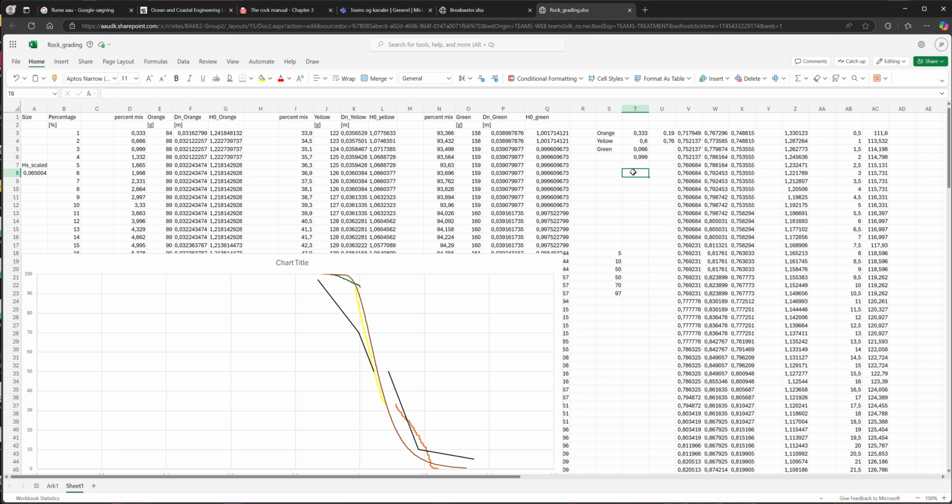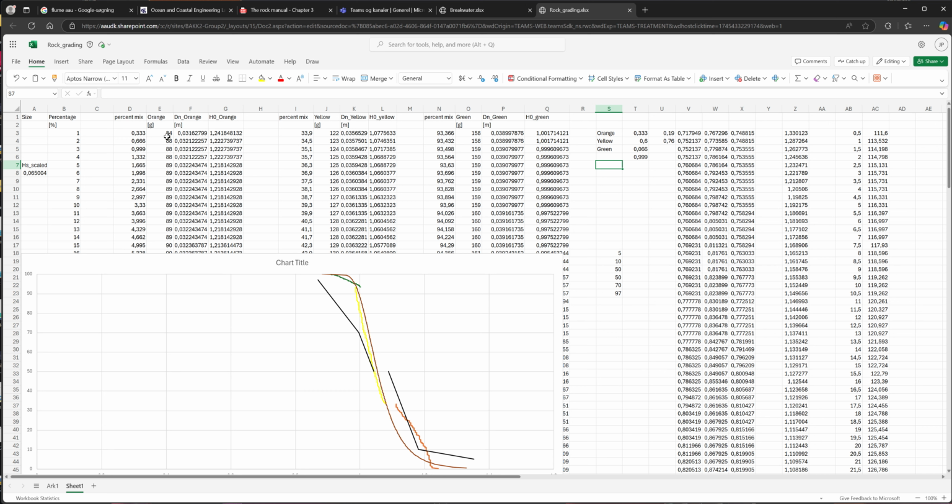That means if you needed 1 ton of your armor stone, or 100 kilos for the flume, which is more realistic, then we are using 33.3 kilograms, 60 kilograms, and 6.6 kilograms from the green stones. Then we mix them so that we get the realistic grading of our armor stone.